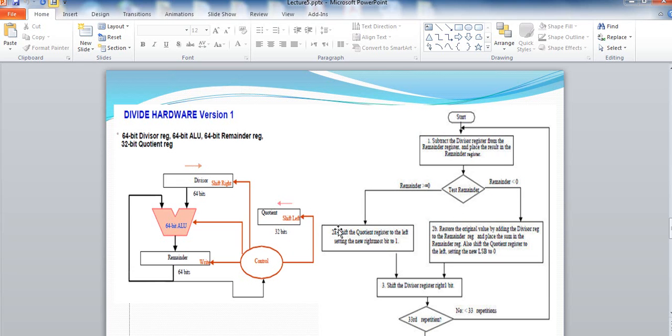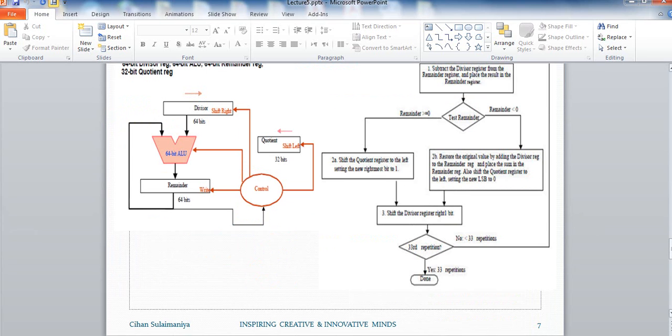There is no more dividend. So you check how much remainder you have and what the quotient is. You say the quotient is that number and you have a remainder. If the remainder is 0, that means there is no remainder. If the remainder has a number, that means you have a remainder. So that means done.